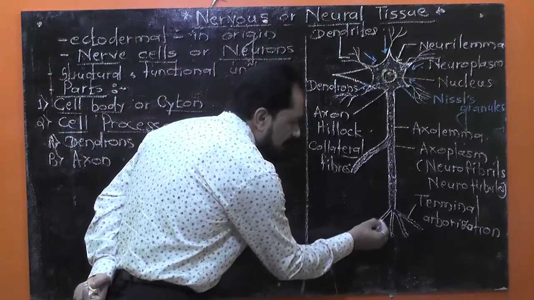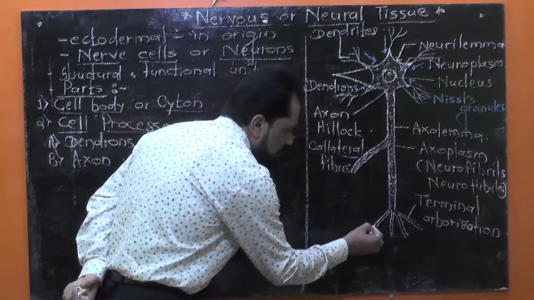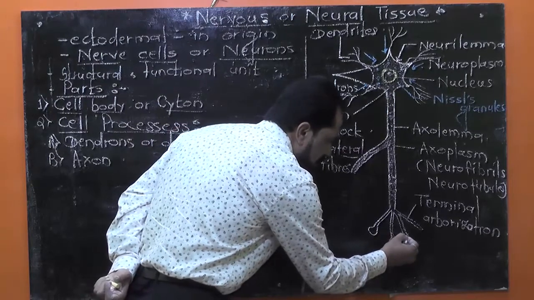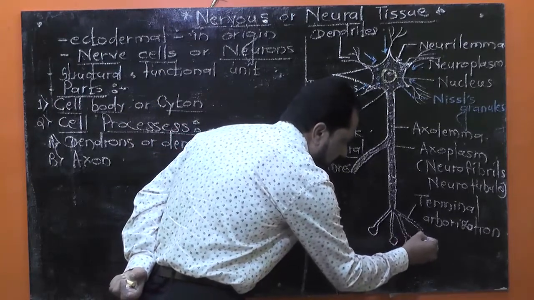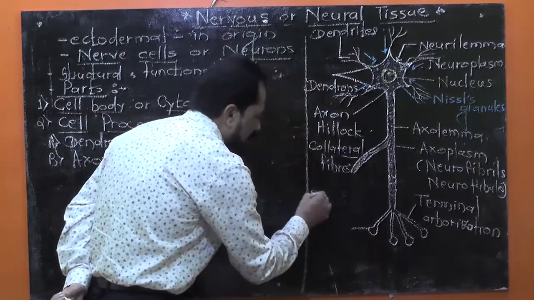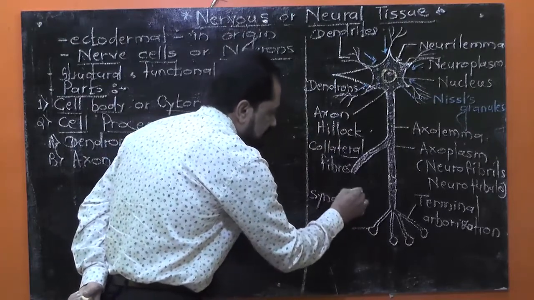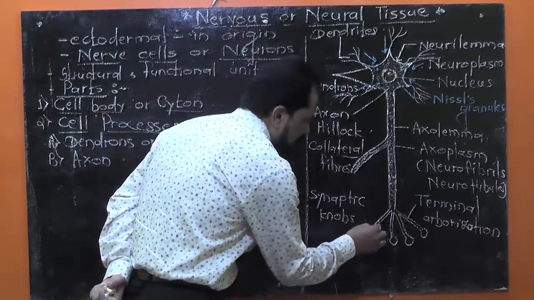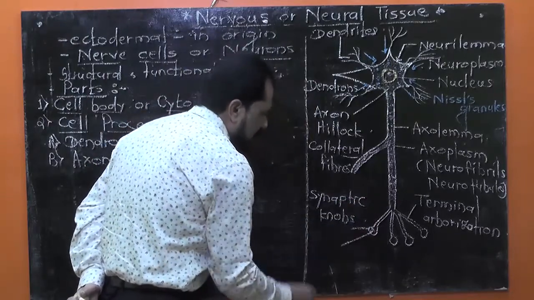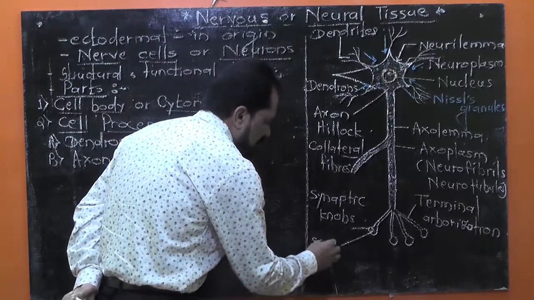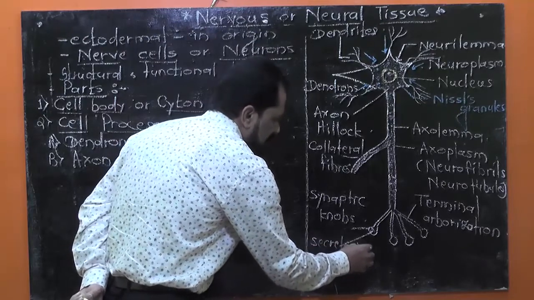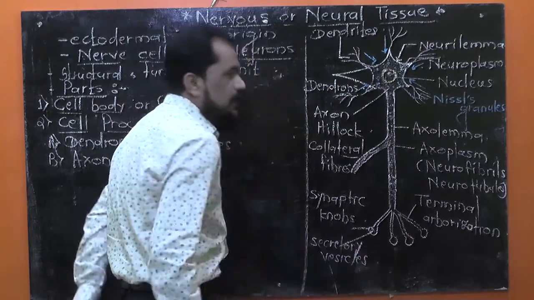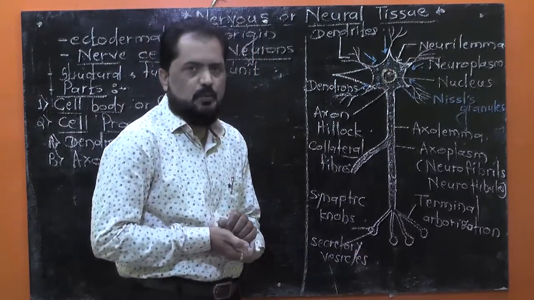The terminal end of each branch shows a small swollen structure. These small swollen structures are known as synaptic knots. And these synaptic knots contain mitochondria as well as certain secretory vesicles which are responsible for the secretion of neurotransmitter, that is acetylcholine.